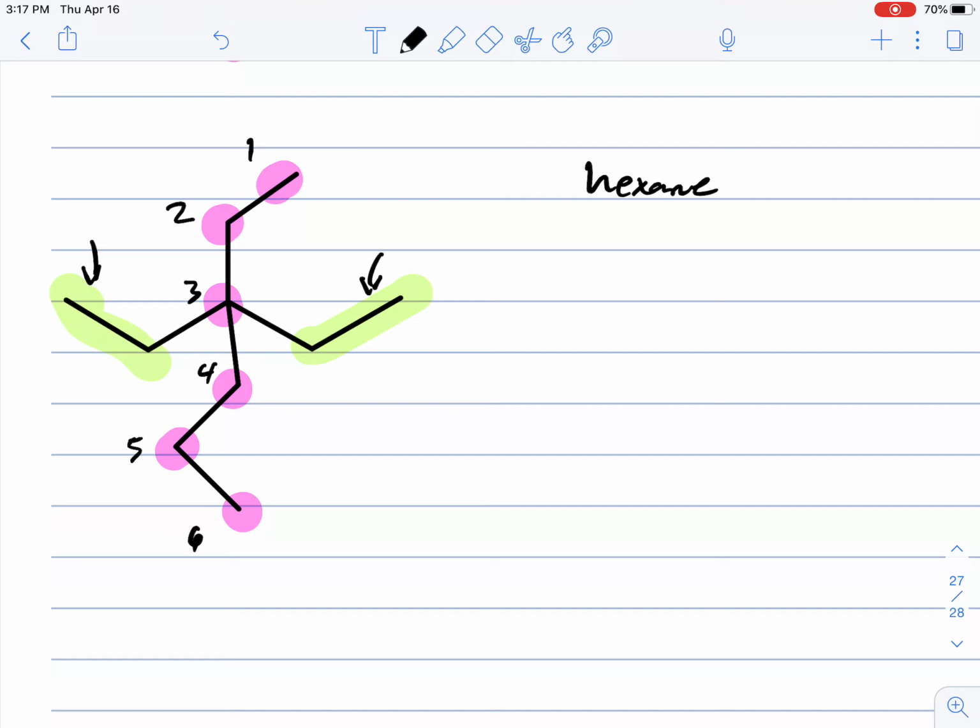And so here in this case, notice that they're both on the 3rd carbon, right? So these are attached to the 3rd carbon. So I'll just go ahead and say 3-ethyl and 3-ethyl. And so since I have 2 ethyls, I'm going to combine them together. 3,3-diethyl.